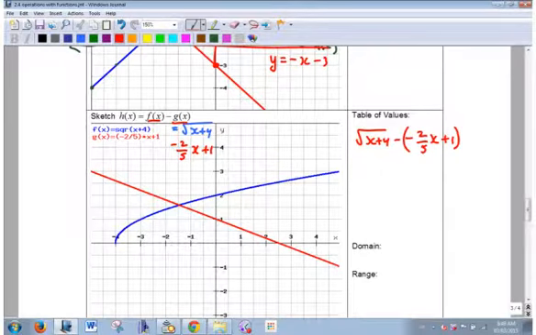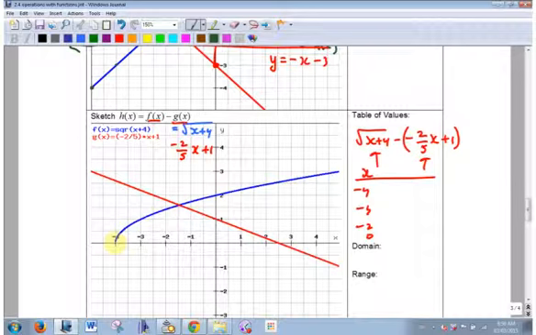Feel free to get a table of values and put x values in here. Minus 4, minus 3, minus 2, 0, and so on, and plug it in here and there. That looks kind of ugly, doesn't it? So I'm going to just take f of x, which is the blue one, careful, and subtract g of x.